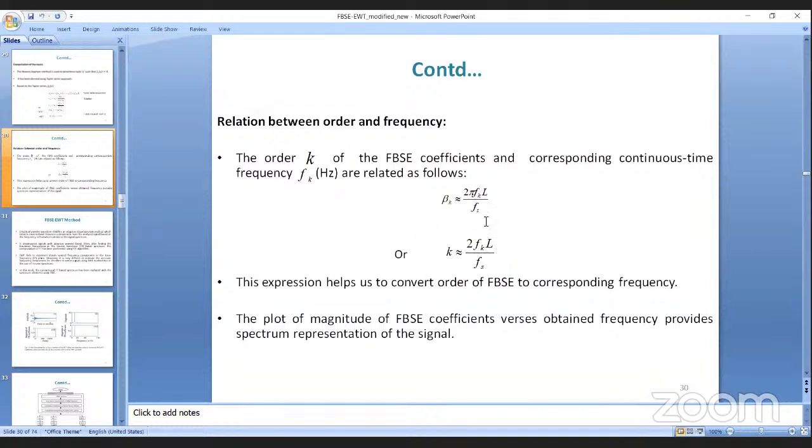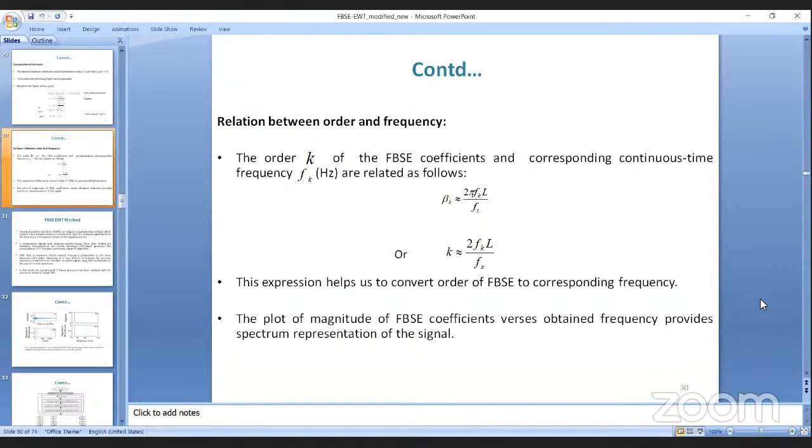So this gives you a relation between the order of this FBSE expansion and the corresponding frequency. So this expression helps us to convert order of FBSE to corresponding frequency, and that way, whatever analysis we perform using Fourier-Bessel series expansion can be used for getting the spectrum of the signal.